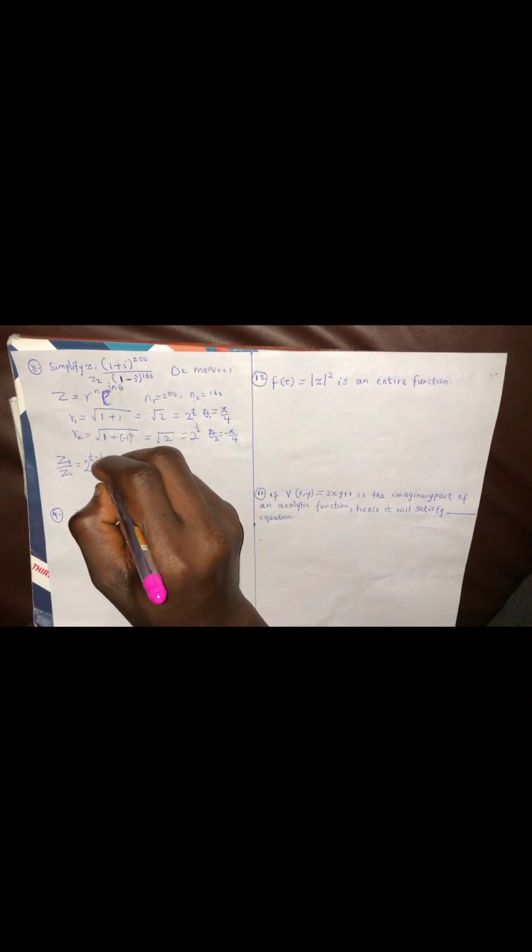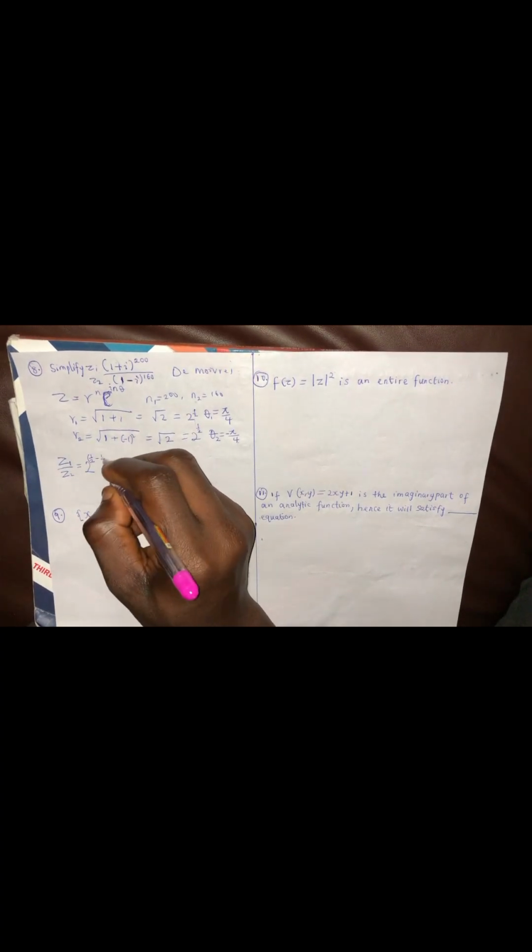So that will be 2 to the power of half, minus half. The reason for this actually is because we are dividing one by the other. Okay, so since we are dividing one by the other, this is what is going to be.